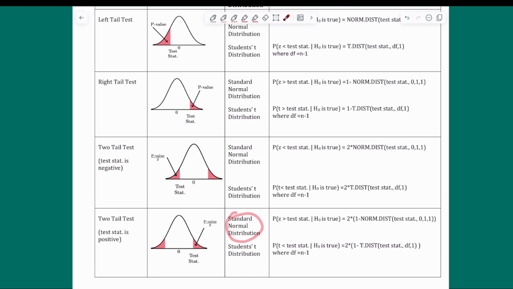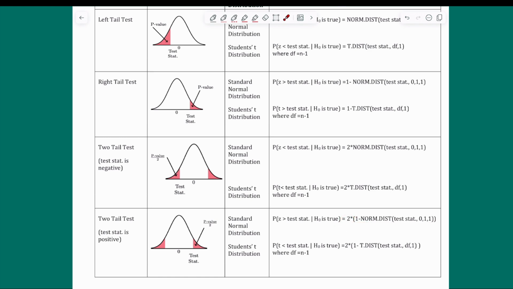If it was the standard normal distribution, we first find the area in the right tail and then double it. The area in the right tail is just 1 minus norm.dist(test stat, 0, 1, 1), and then we double it.